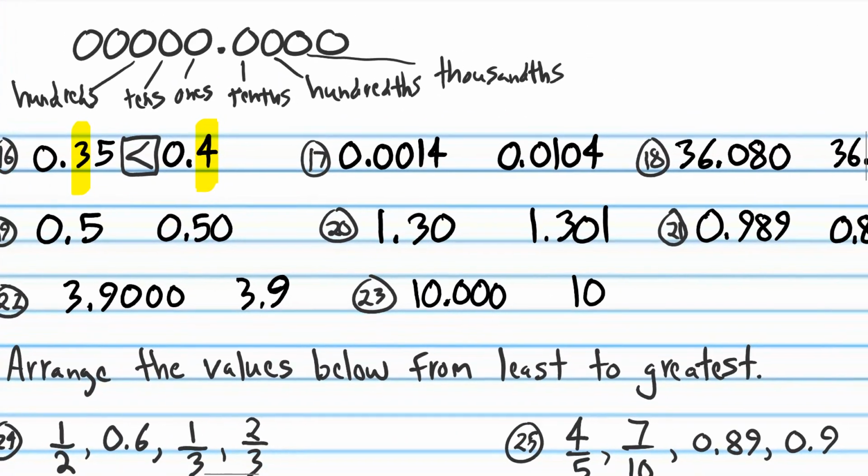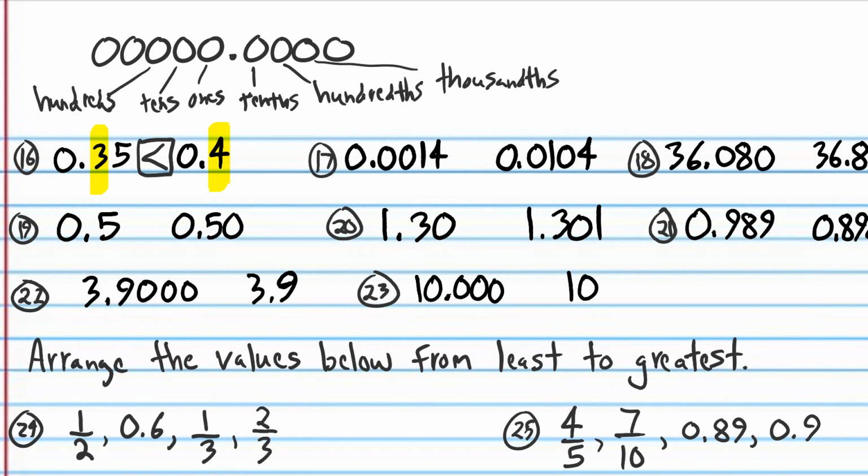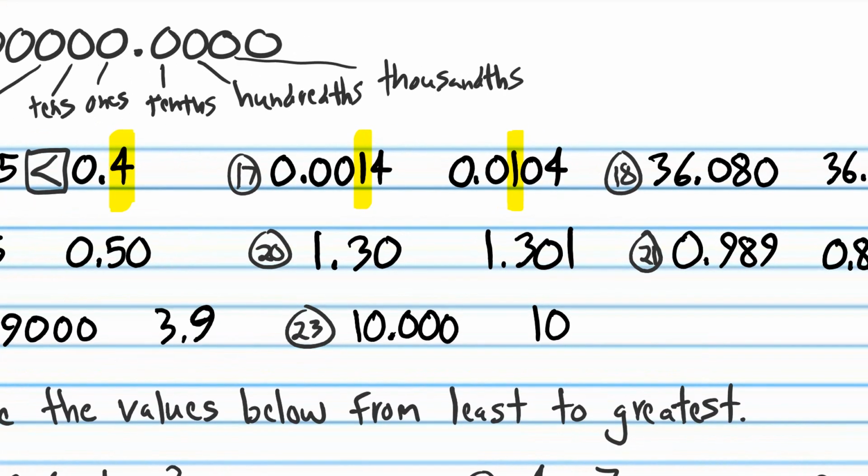All right, number 17. Figure out which number is farthest to the left in each of these. And we've got these ones that are farthest to the left. But the important thing to understand is that this 1 is in the 1000th place, and this 1 is in the 100th place. So because the 1 in the 100th place is farther to the left in terms of its place name, that means that this number must be bigger.